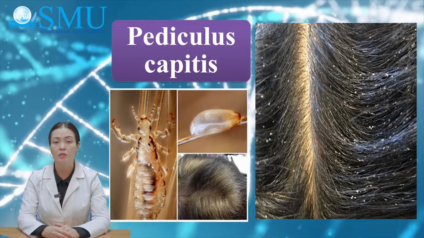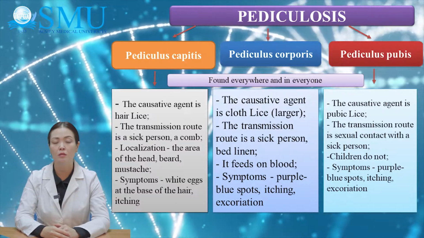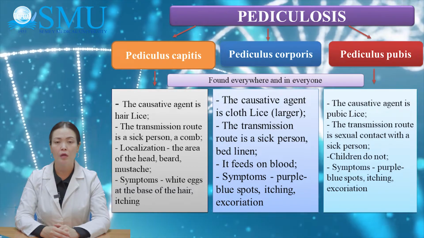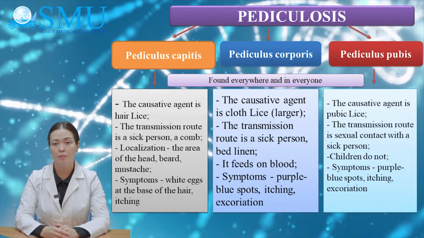Of course, as a symptom, your patient will feel strong itching in this place, and will feel this itching the whole day, in the morning, during the day, at night, without any stopping.